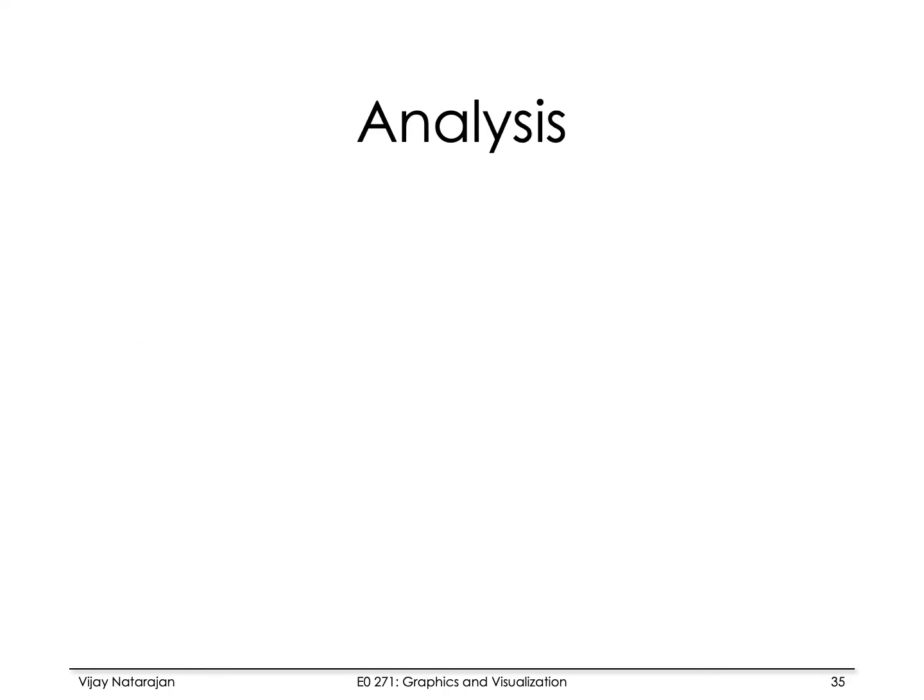So let's analyze this algorithm in terms of the running time. So clearly the Marching Cubes algorithm has to process every voxel, and it reads every voxel and processes it in one shot.